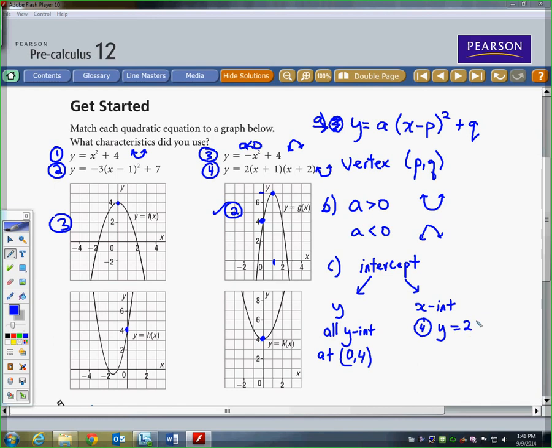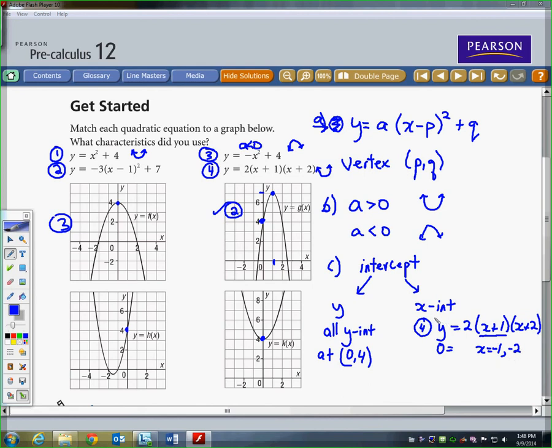So y equals 2 times (x plus 1) times (x plus 2), and I'll put in a 0 for y. When will this be equal to 0? It's nice because it's in factored form. The answer would be whenever a factor is 0: x of -1 would cause this to be 0, or when x is equal to -2.